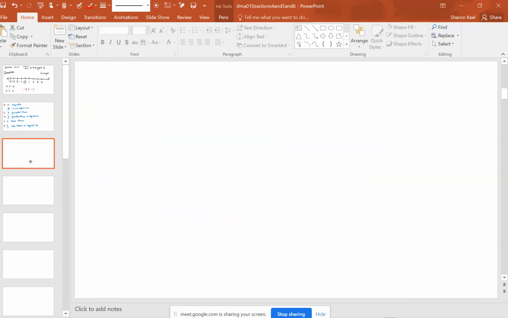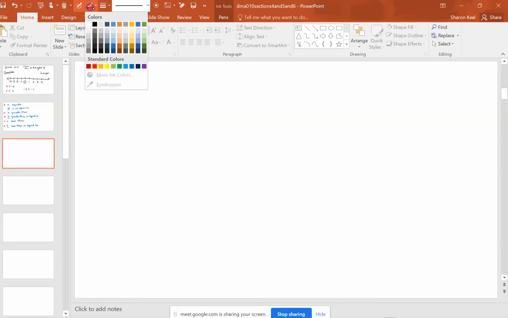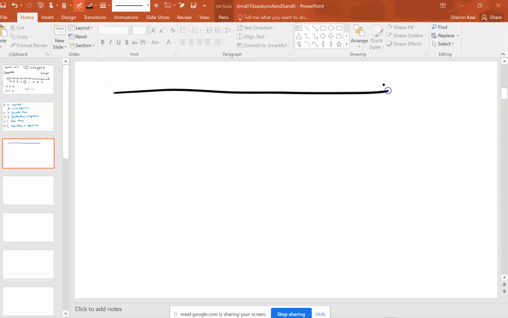So what I'm going to do here is give us a graph, and we are going to label that particular graph, okay? I know mine aren't drawn to scale, but that's okay.